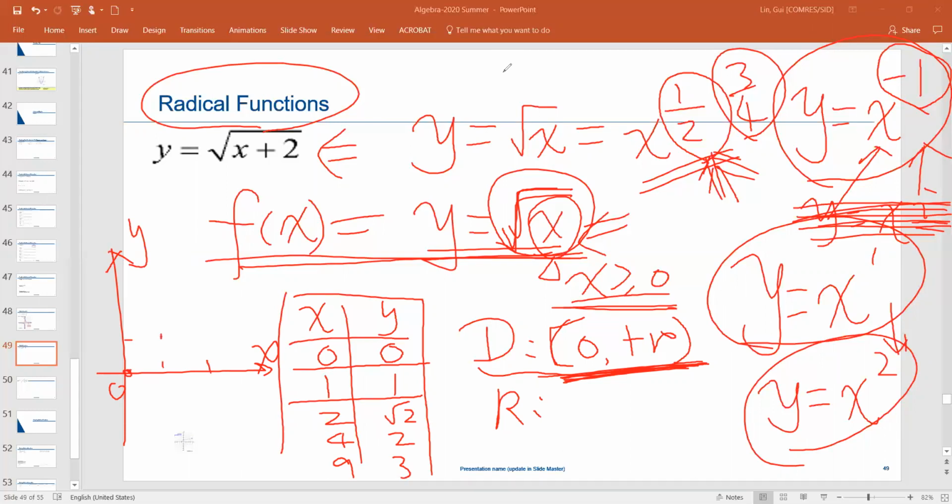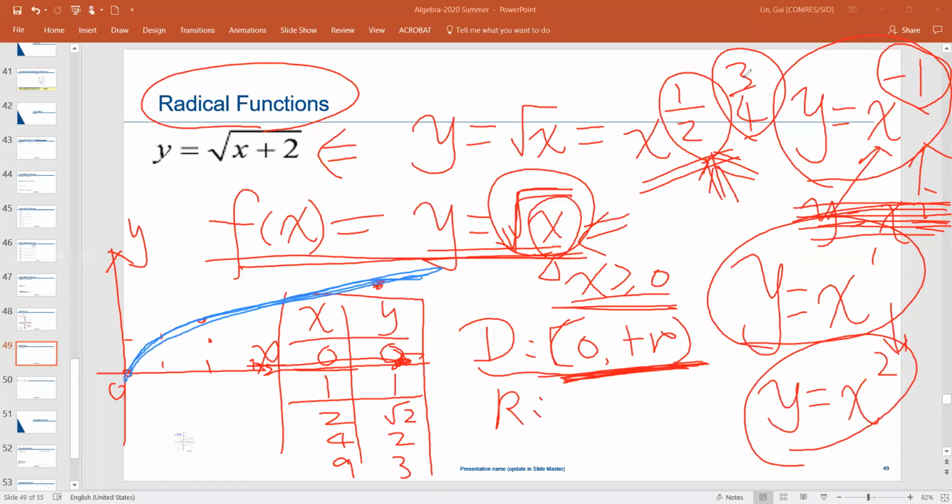Square root of 2 is actually a little bit higher than 1, right? 3 should go very far. For 9, maybe somewhere here is 3, right? So when you're graphing, it is like this.